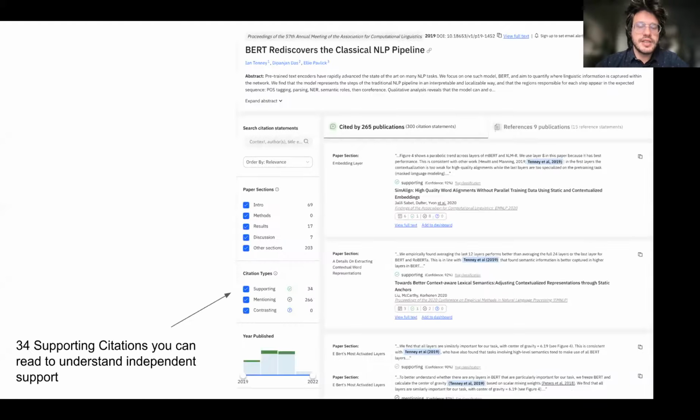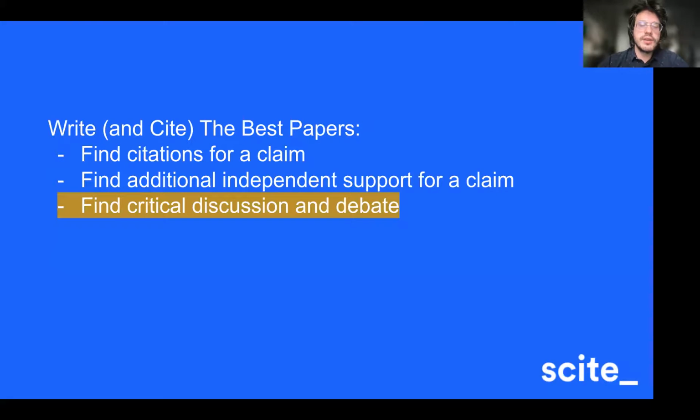I went into this a little bit, but on the side of Scite reports, you see this ability to filter by citation types. Here, there are 34 supporting citations. You can click in to just see the supporting citations. These publications are independent supports of the claim that we're citing in Tenney 2019, and you can read those.